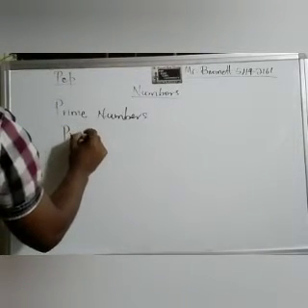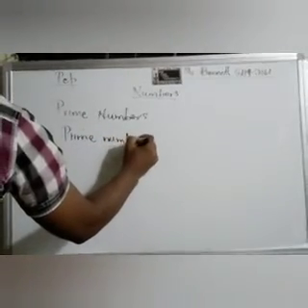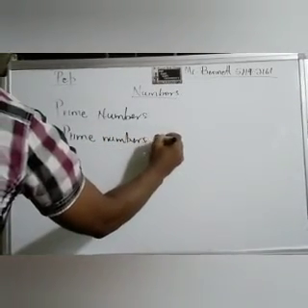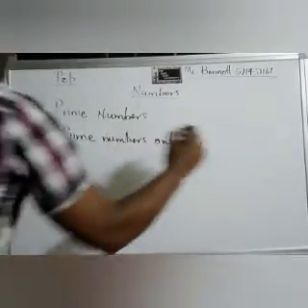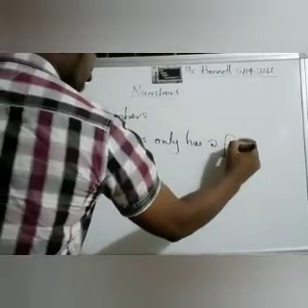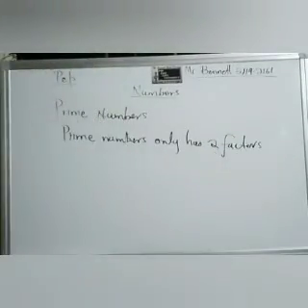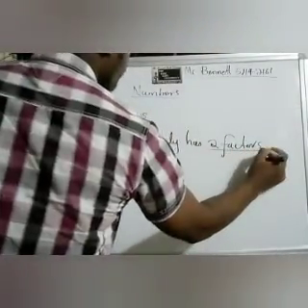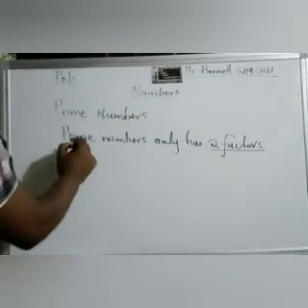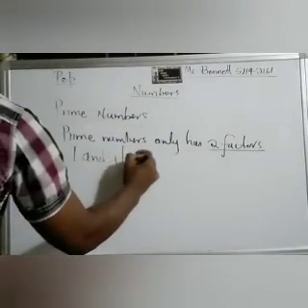So let us write that. Prime numbers only has 2 factors. As we learned the word factors from the previous video. Factors. Only 2 factors. 1 and itself.